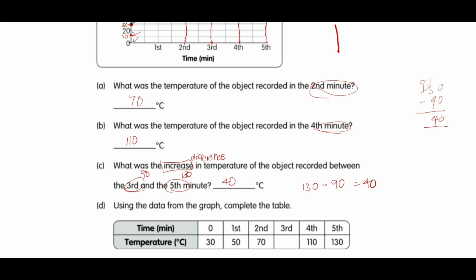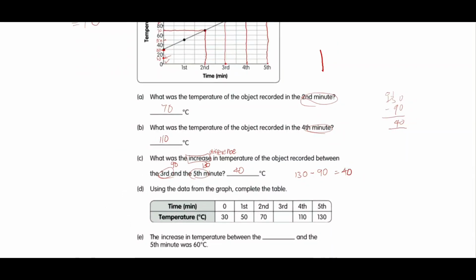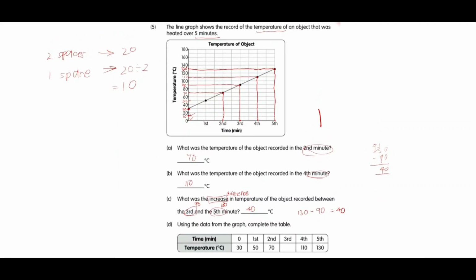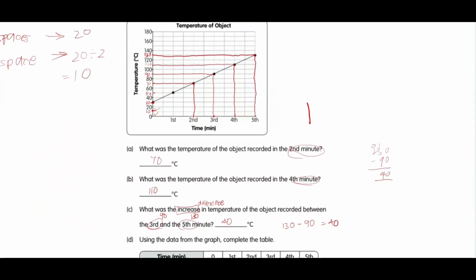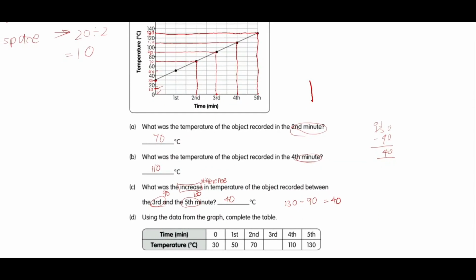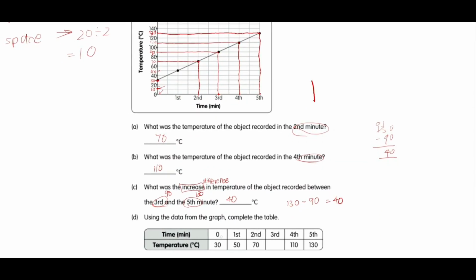Now let's look at question D. Question D is a table that we need to fill up using the line graph. Let's see. In the 0 minute, the temperature is 30. In the first minute, the temperature is 50.